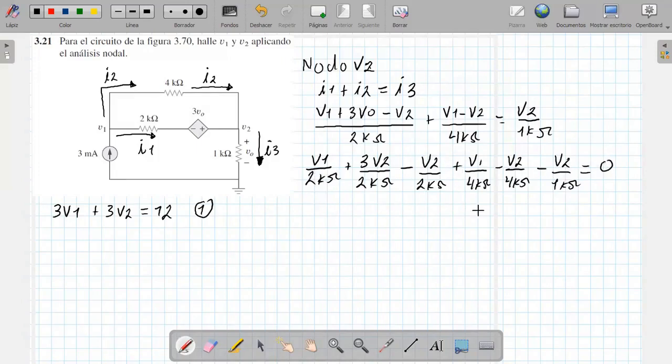So if I operate everything that has V1 and everything that has V2, I will end up with 3 over 4 kiloohms of V1 minus V2 over 4 kiloohms equal to 0.